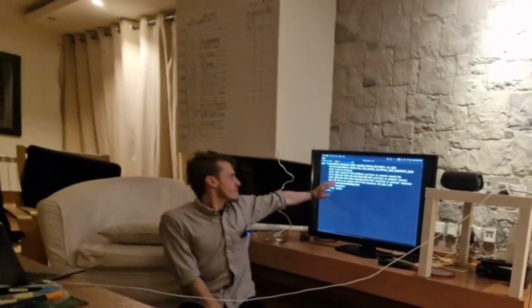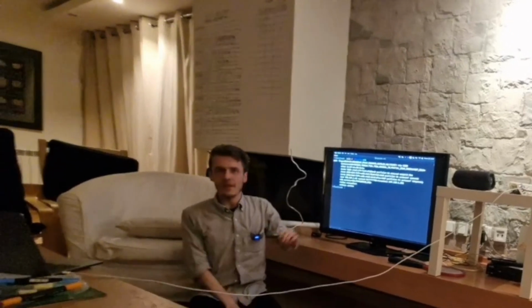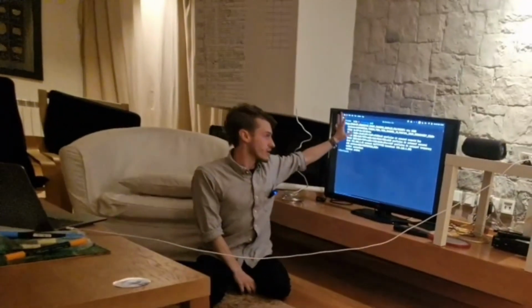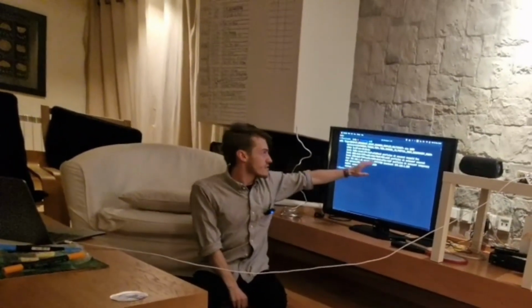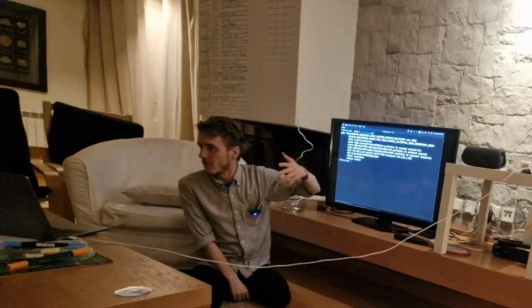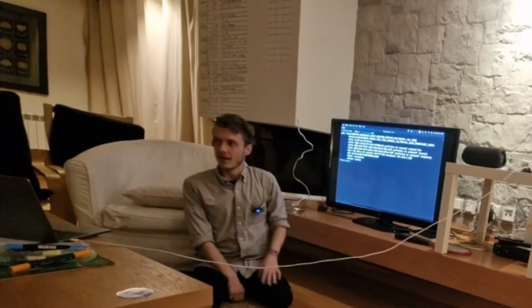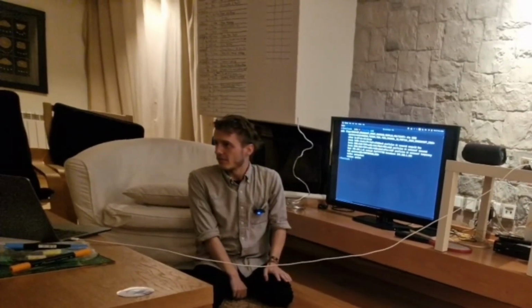So I have an IPv4 address, the old addressing scheme, and I also have more than one IPv6 address. So I can also be reached via the IPv6 address. So this whole netcat dance that we did with Nora could also be done via IPv6 addresses.